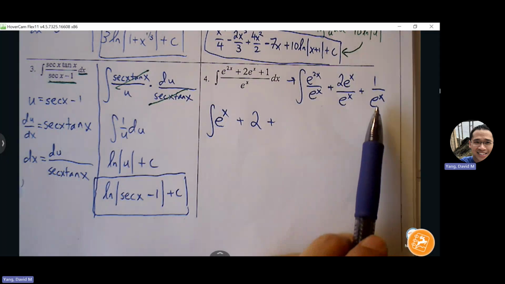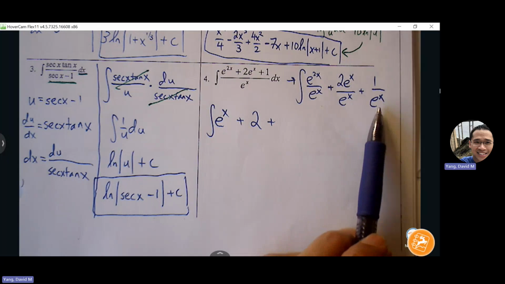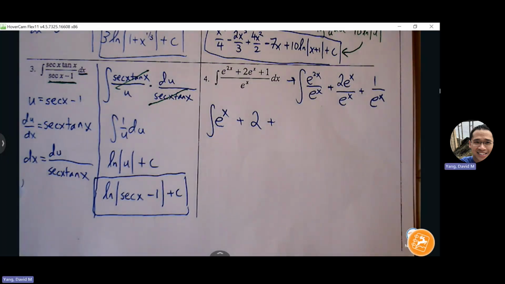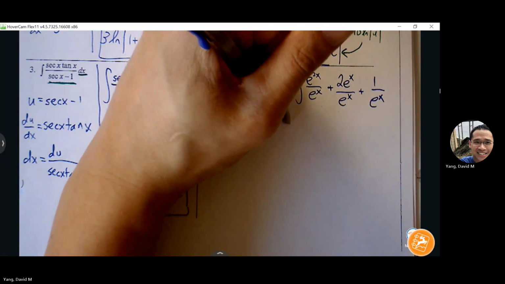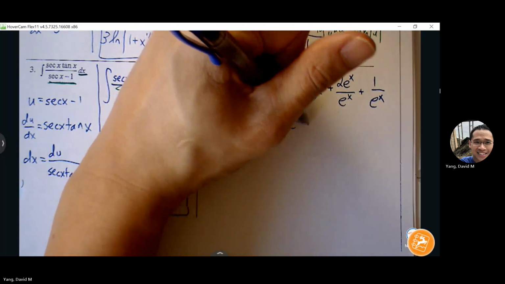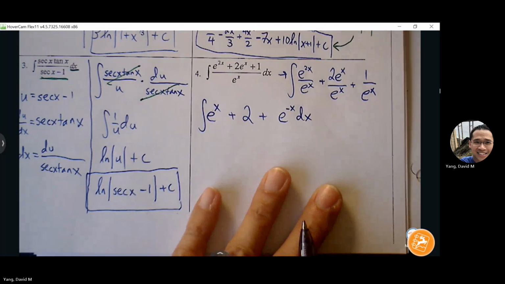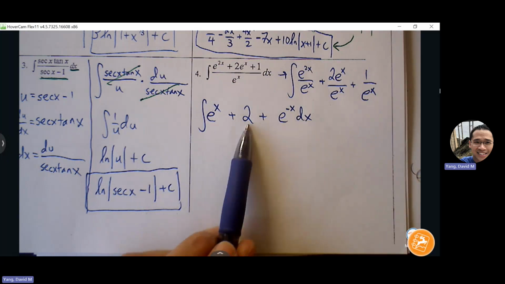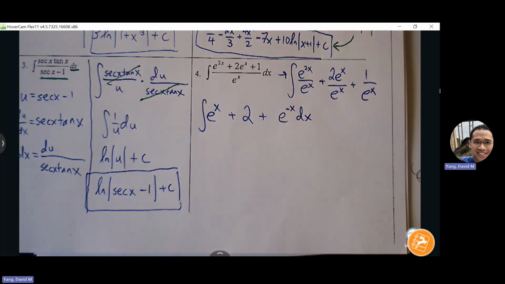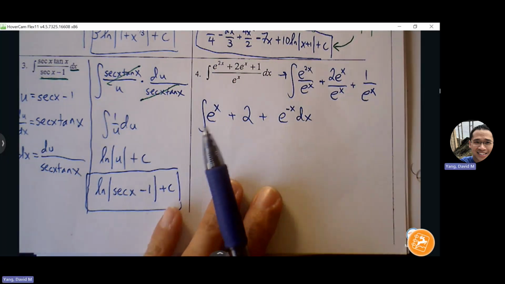Yes, but what do we need to do to get this to look more like a rule that we want to use? So we got 3 terms here, and we've got to decide what rule we want to use for each of these. Yeah, e to the u rule.